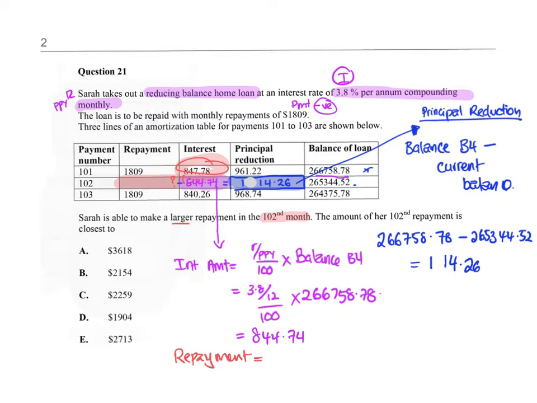So if we get the principal reduction and add the interest, .74, we're going to find out the big repayment. All right, so we get answer C, sorry.